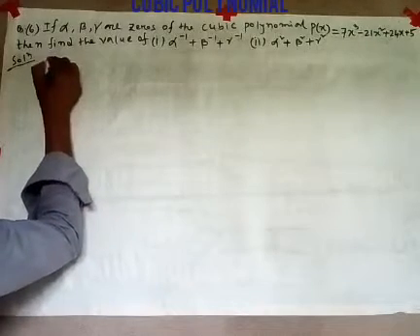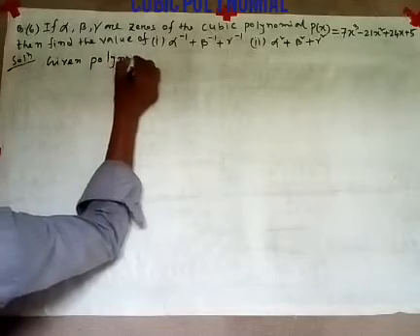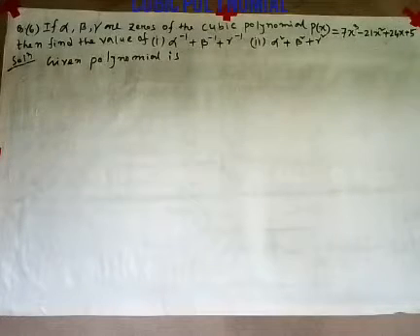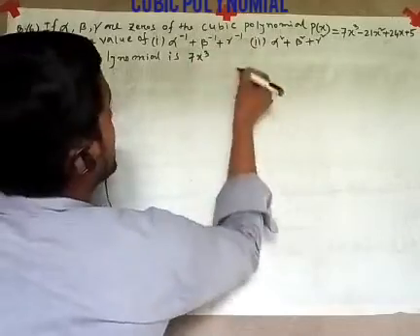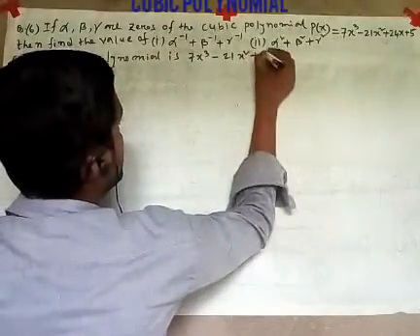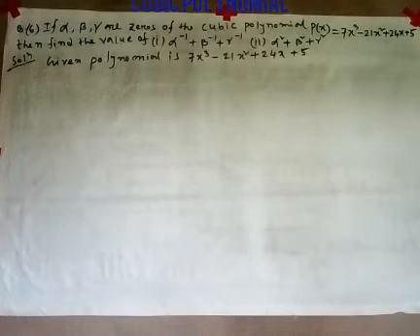The given polynomial is 7x cube minus 21x square plus 24x plus 5.